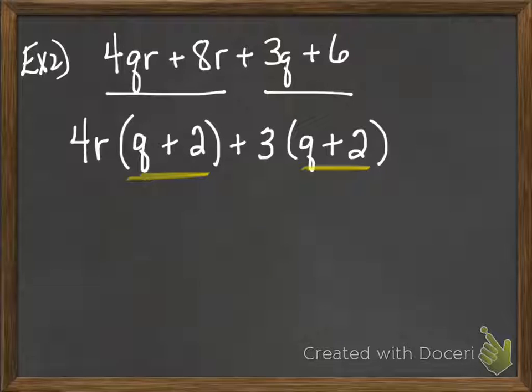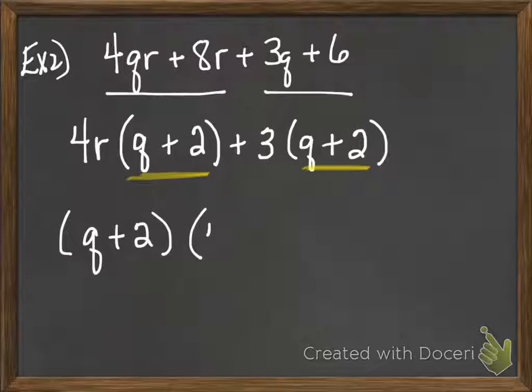What's in the parentheses should be exactly the same. So that means you have a GCF now, and your GCF is your group. And you're going to factor out Q plus 2. And you're going to be left with 4R and plus 3. Because Q plus 2 times 4R gives you the first term, and Q plus 2 times 3 gives you the last term.